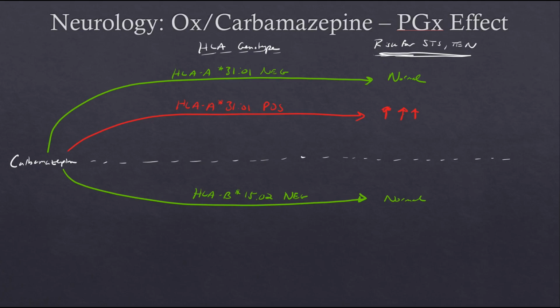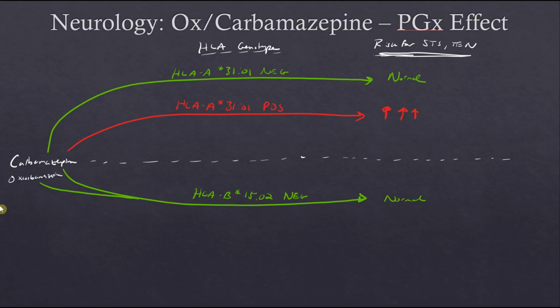Additionally, what we see here is that these effects also apply to oxcarbazepine, so we can go ahead and add that in here. However, the HLA*3101 does not apply to oxcarbazepine, so that's why I didn't add it in up there. So just be aware of that.